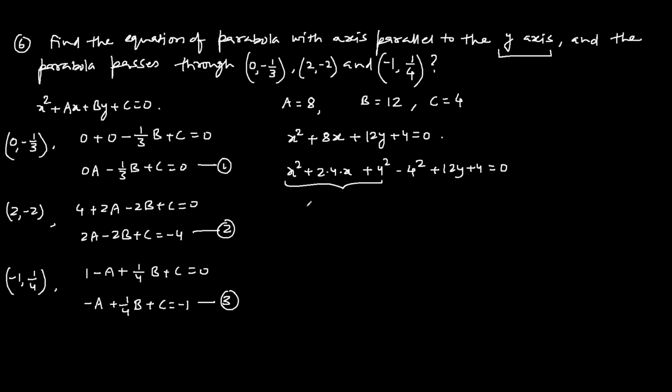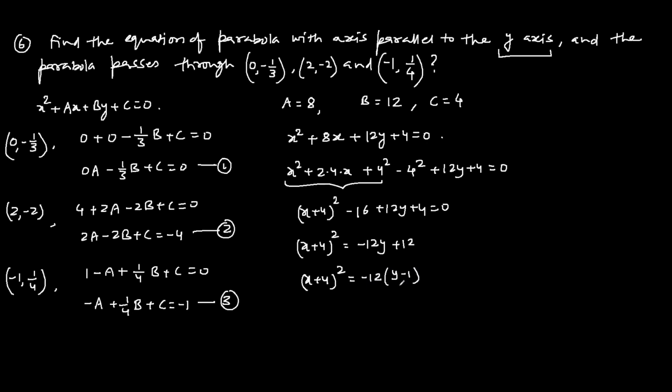From the first three terms, we have x plus 4 whole square and then minus 16 plus 12y plus 4 equal to 0. So this is x plus 4 square. On the right hand side, we have minus 12y and this is plus 12. So x plus 4 whole square equals minus 12 common, this is y minus 1.